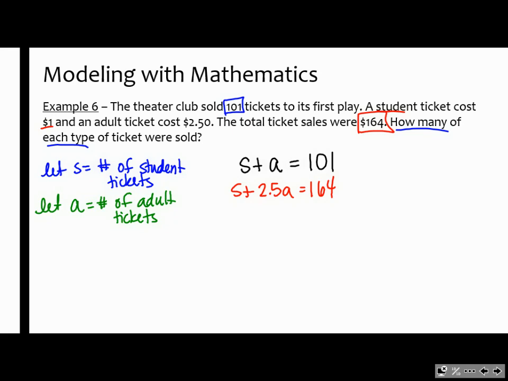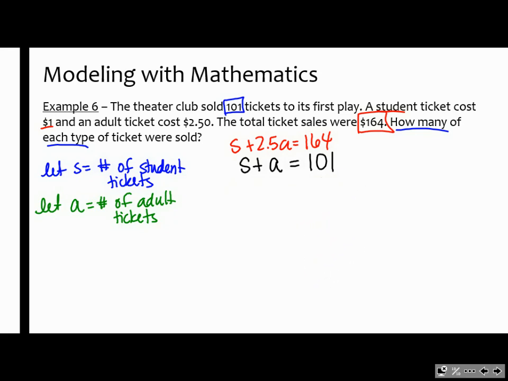So you can see here that we have almost additive inverses. One of our equations should be positive, one should be negative. I kind of wish I had written this in the other order because personally for the mental math it'll be easier. So I'm going to actually write the money on top. S plus 2.5A equals 164. So it doesn't matter the order of our system, both of those equations are involved.